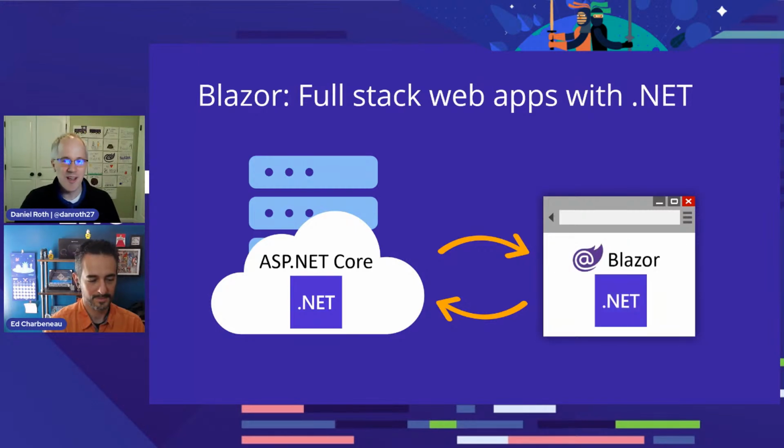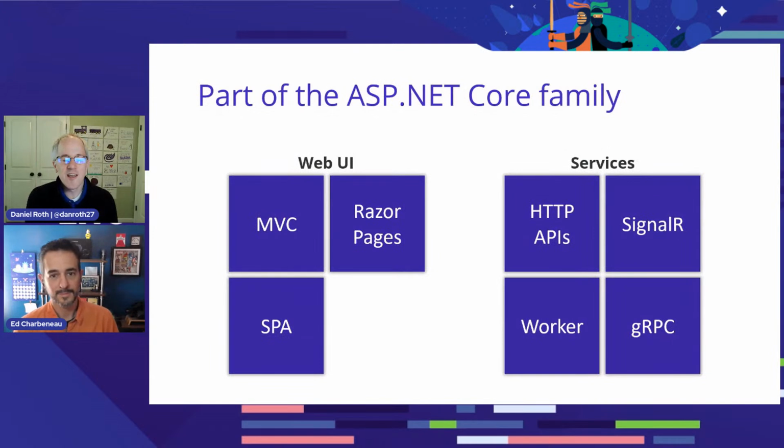Blazor enables you to build full-stack web apps with just .NET. You can use your existing .NET skills, your tools, your code on any part of your web app. Blazor is open source, it's cross-platform, and it runs in any modern web browser using only open web standards, HTML, CSS, and C#. Blazor is part of the ASP.NET Core web framework, your complete modern web framework for .NET.